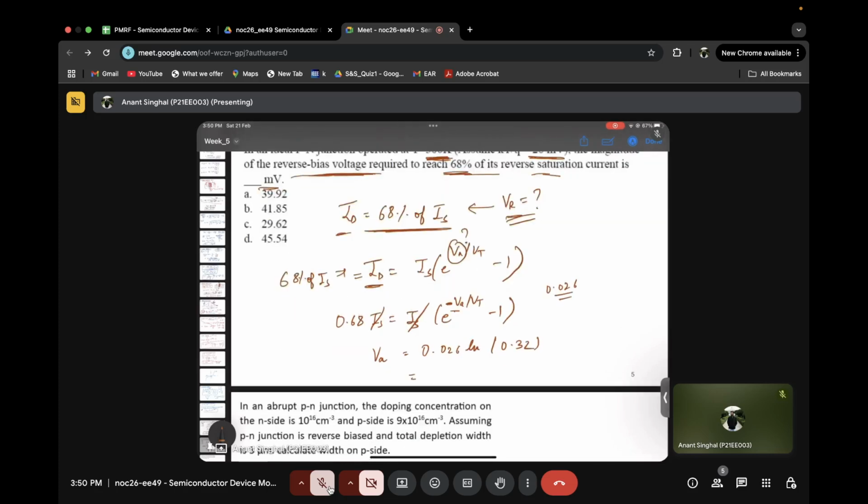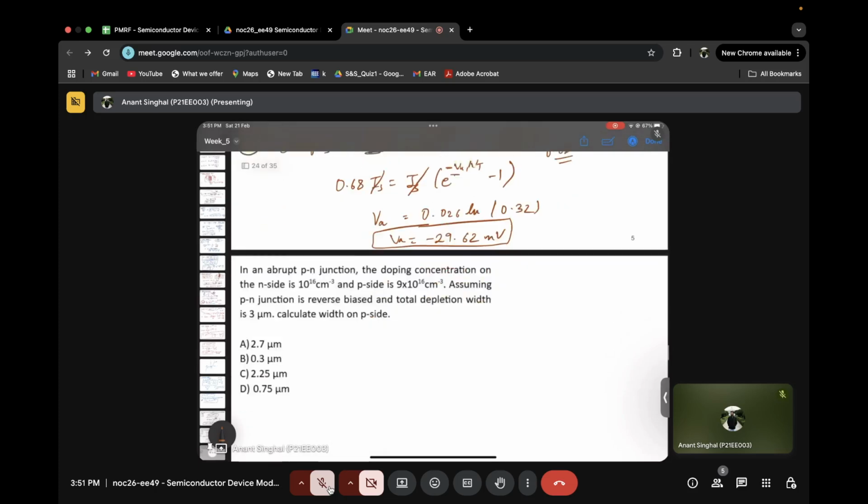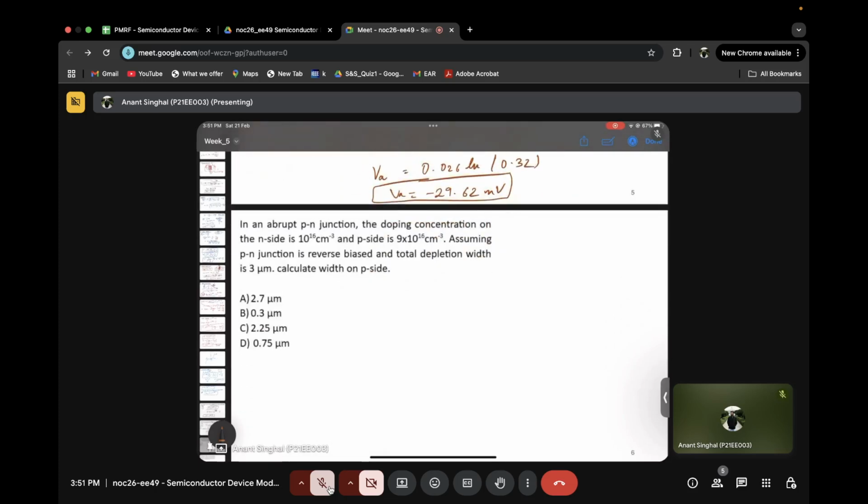I've done it, and it is coming out to be negative because this is reverse bias that we are talking about: 29.62, which is option C. Oh yeah, sorry, I was on mute. So yes, it's 29.62. We have done the calculation. So let's move towards the next problem now.